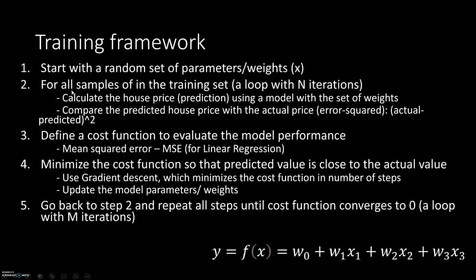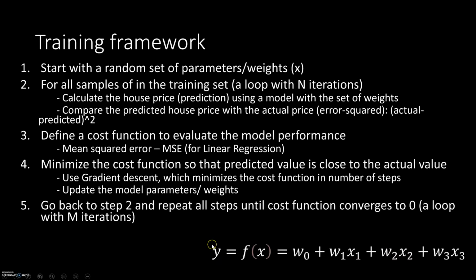Say your data set has n samples. For each sample, we calculate Y given X1, X2, X3 and the random weights that we chose. This Y is the predicted house price for a given input.